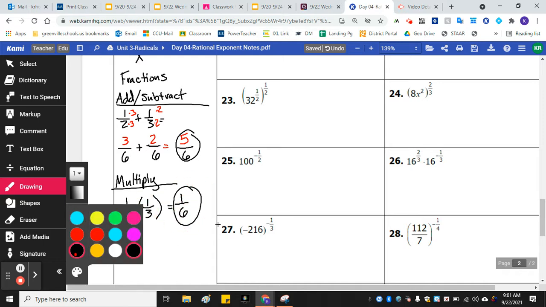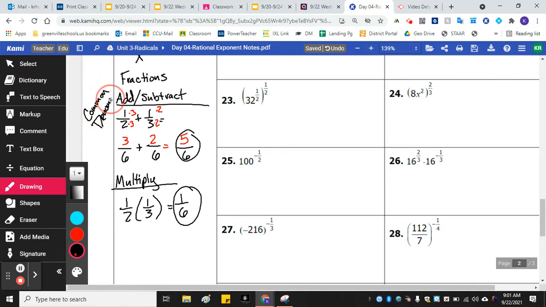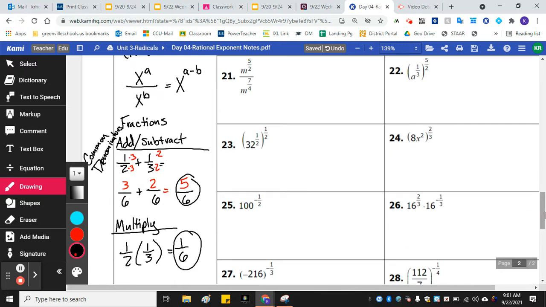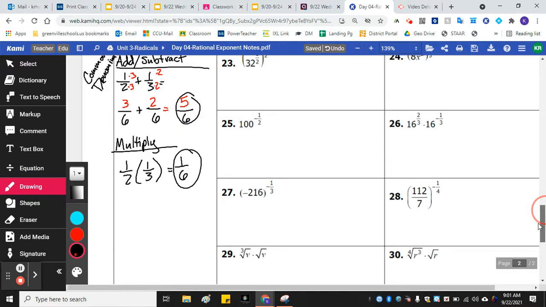So just know across the top, across the bottom, adding, subtracting, common denominators. Or use our calculator that has a fraction in it. The yellow calculators that we have in the class love fractions. So there you go. All right, so that's what we have to know to be able to complete this section.